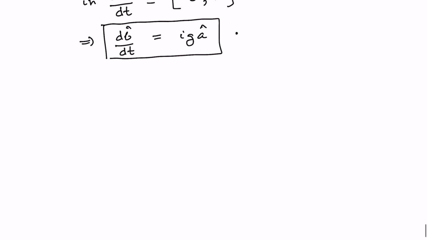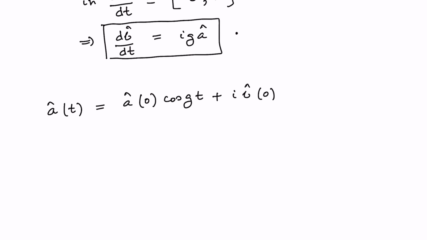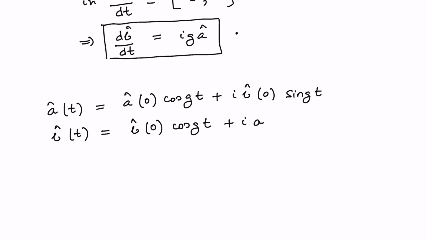The solution is trivial. Please try to get it, and you will get A of t equal to a of 0 cos gt plus i b of 0 sin gt, and b of t equal to b of 0 cos gt plus i a of 0 sin gt.